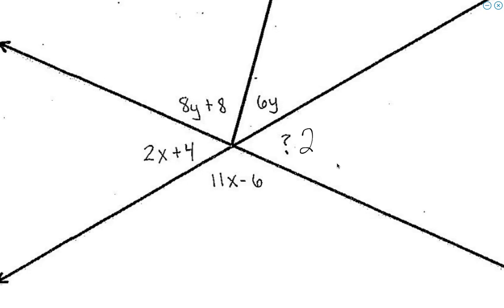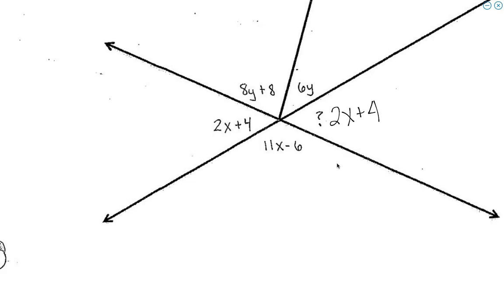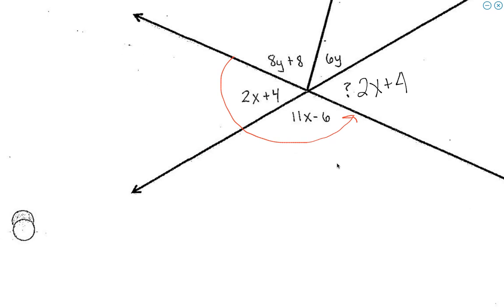I'm going to fill in 2x plus 4 real quick here, just because I'd rather have an algebraic expression there than a question mark, because these are vertical. And now let's try and make equations that only involve x's or only involve y's. So the first one that I see is that these two angles only involve x's, and together they should add up to 180.